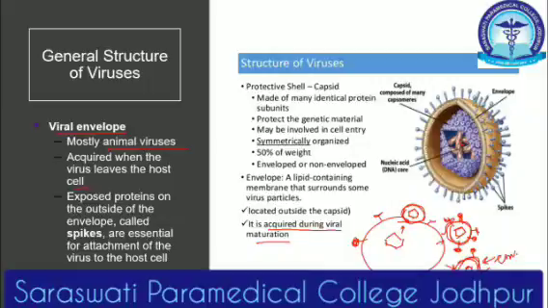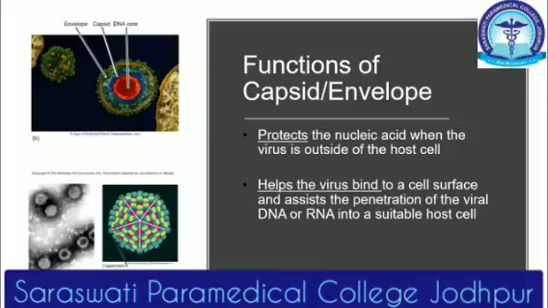That means while the virus is coming out of the host, it is facilitating this virus to attack another healthy host, and the spikes help this virus specifically bind to its target tissue and infect it.